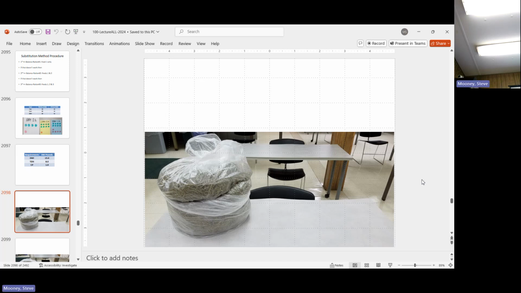How do I figure that out? 15 pounds times 0.4, right? So how many pounds of TDN are in this pile of hay? 15 times 0.4 is going to give us 6.